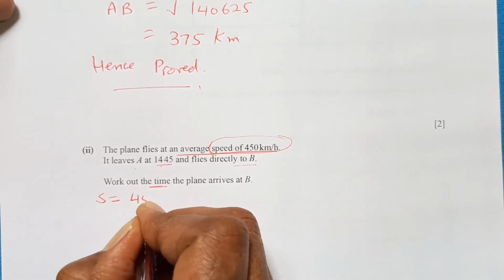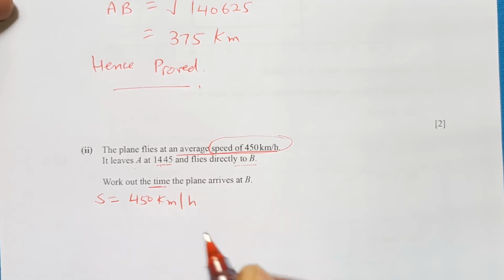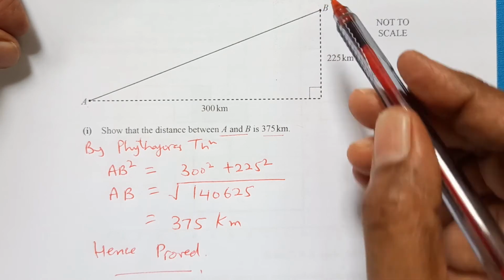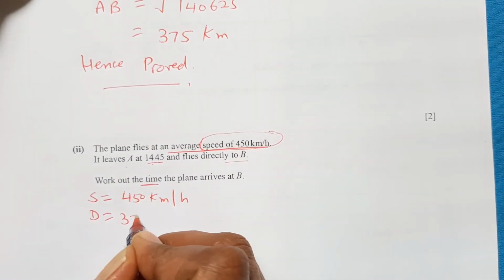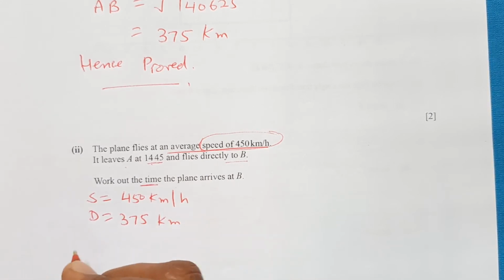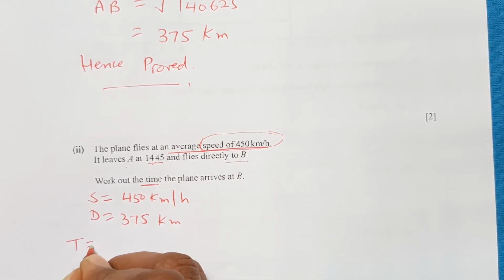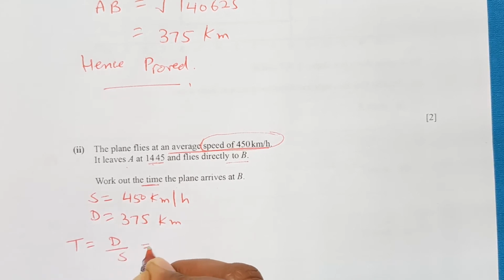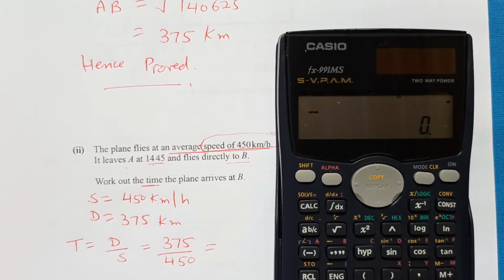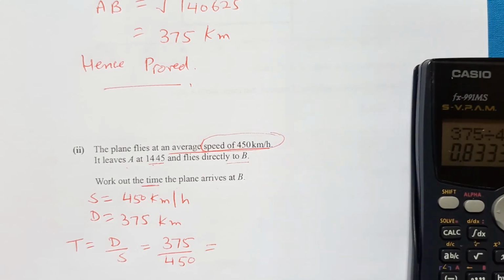Speed is 450 kilometers per hour, and the distance we have already calculated from A to B is 375 kilometers. And then we know that time will be distance over speed, that is 375 over 450. So 375 divided by 450 is 0.833.